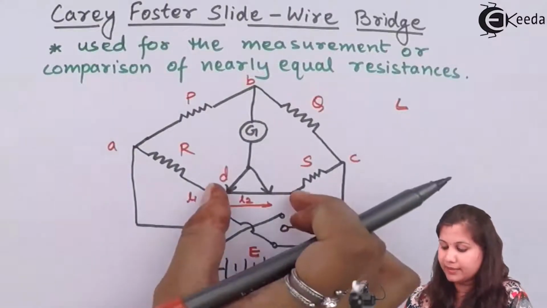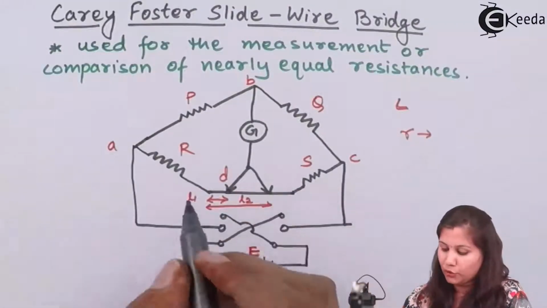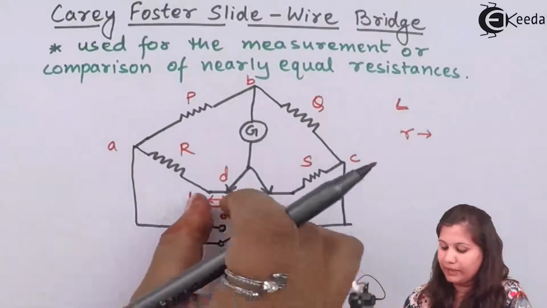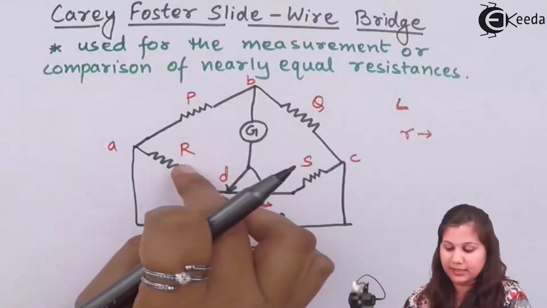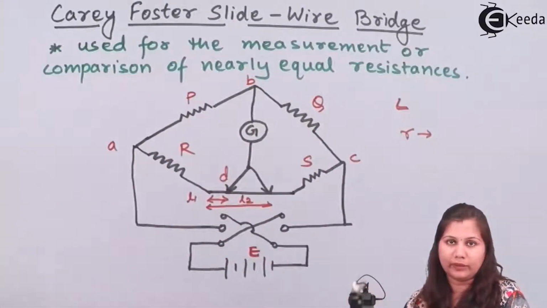Now R is the resistance per unit length of this slide wire, so L1 multiplied with this resistance value will be added to the unknown resistance.